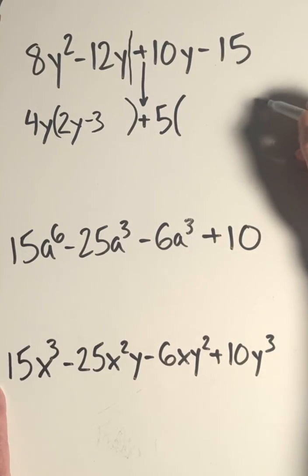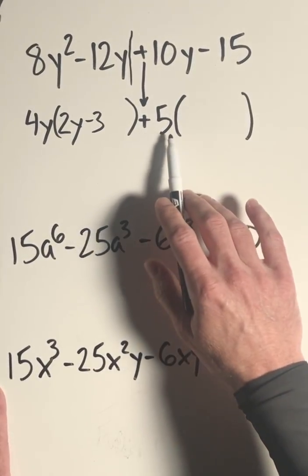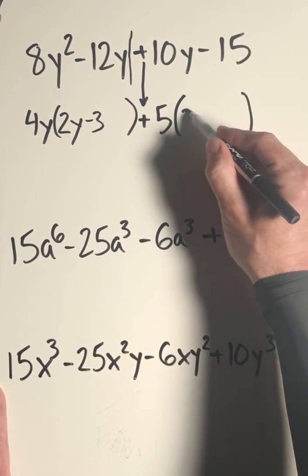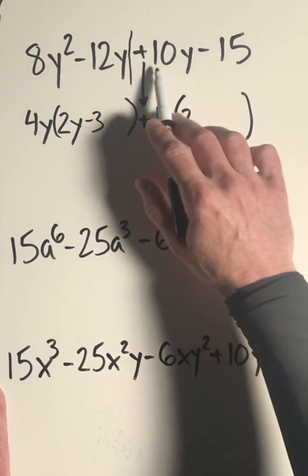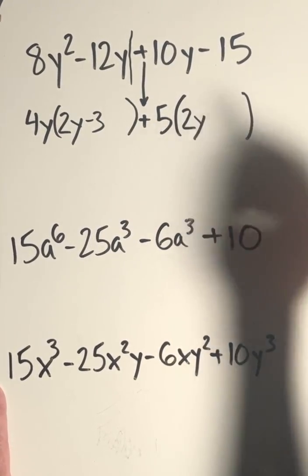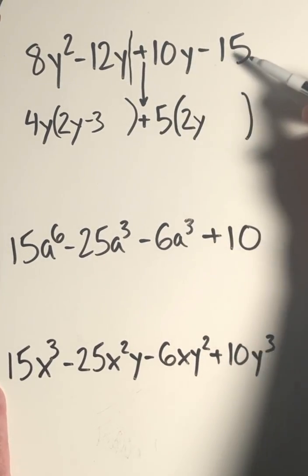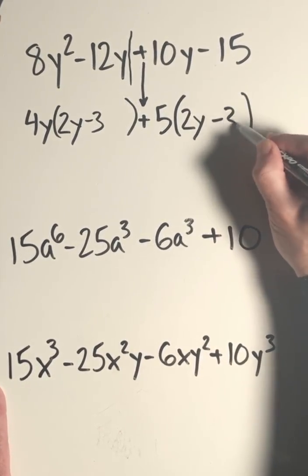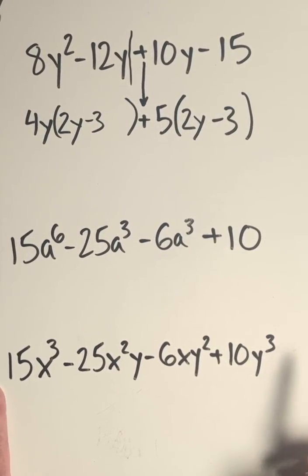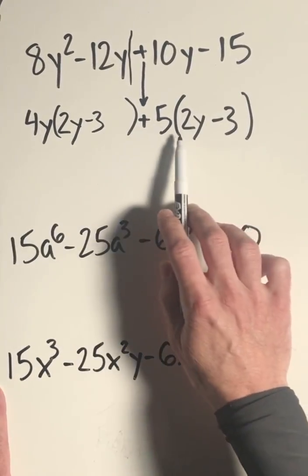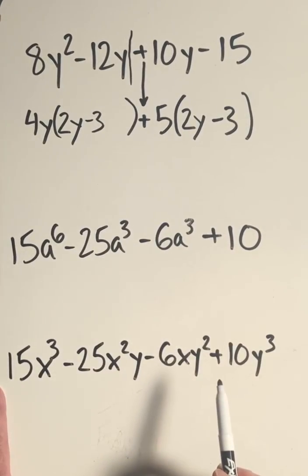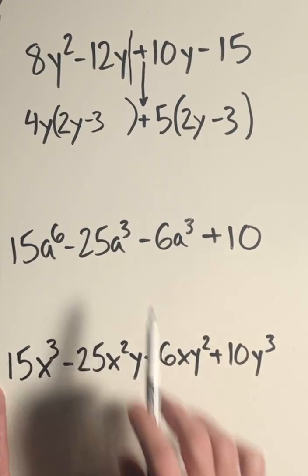Now, I'll use my parentheses. 5 goes into 10 2 times, and 5 goes into 10y, y times. Over here, 5 goes into negative 15, negative 3 times. What do you notice about the terms in parentheses? Correct, they are identical.